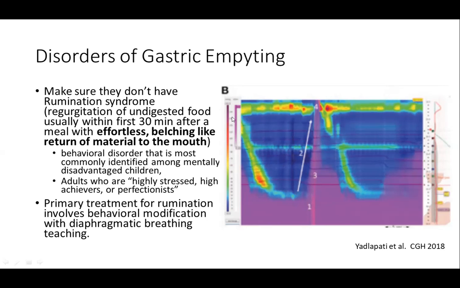What's happening here is the pressure of the esophagus is squeezing, and then something happens with the food bolus and we have a huge pressure increase and it actually goes back up. That's super weird. You're not supposed to see this. But this is called rumination syndrome.